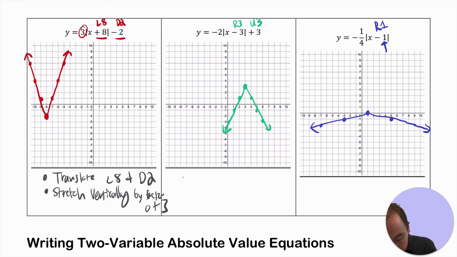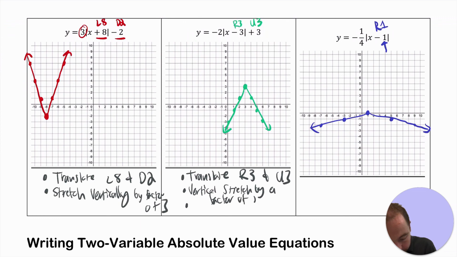The next one, I can have probably 3 bullet points, because we did translate, in this case, right 3 and up 3. And then we also did do a vertical stretch by a factor of 2. And then that negative that we multiplied by does tell us that we did also do a reflection in the x-axis, that it flipped it upside down to go across the x-axis.